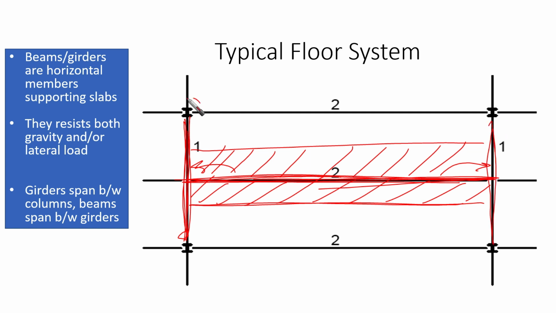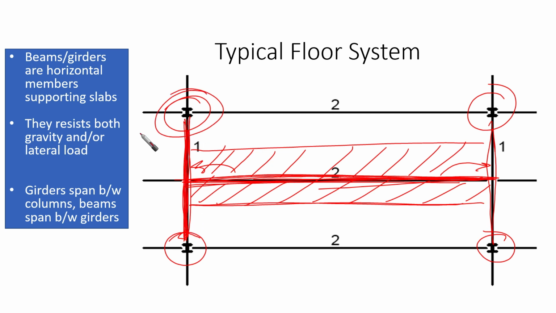And these girders connect between the columns. So we have secondary beams, and then we have main beams, which we call girders, connecting between the columns.